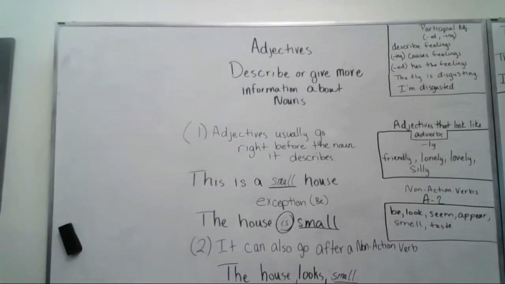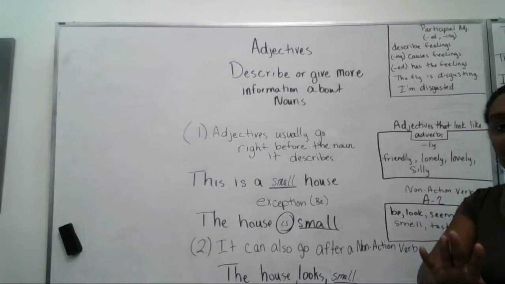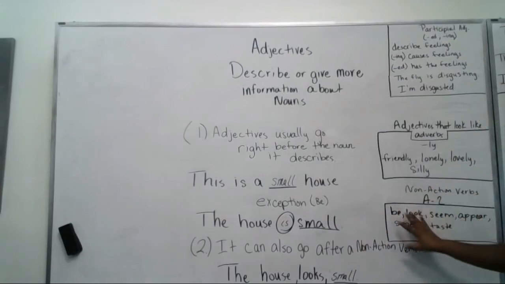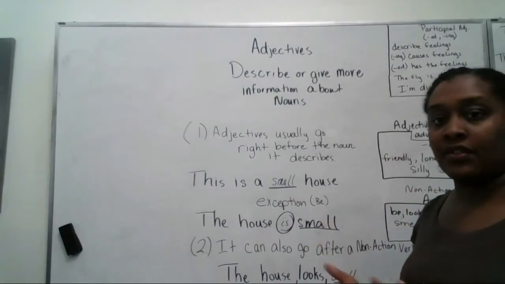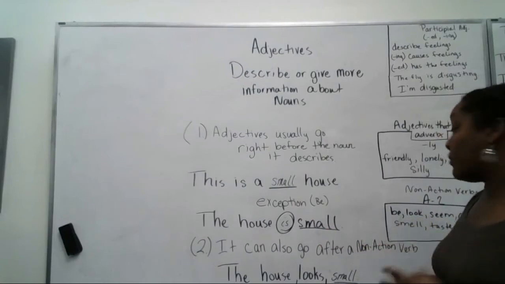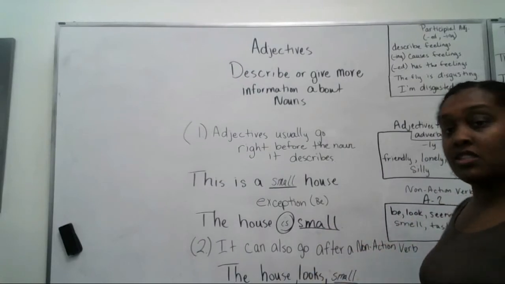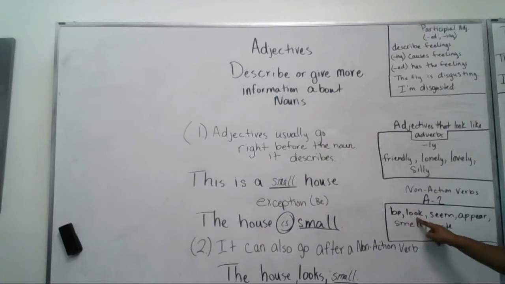Now, let's talk about non-action verbs for just one moment. You can look on page A2 in your book. There's a whole section of non-action verbs if you want to look into it deeper. But what we're going to study in this unit are be, look, seem, appear, smell, and taste.